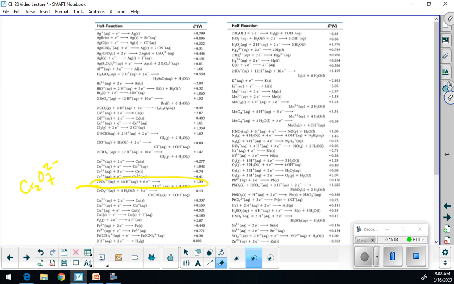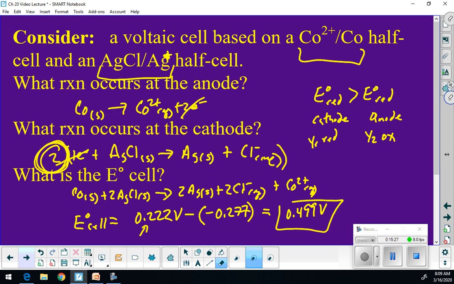Where's permanganate? 1.51. That is a high standard reduction potential. And then my hydrogen peroxide, 1.776. So those all tend to be very strong oxidizing agents, and it's revealed through their standard reduction potentials.